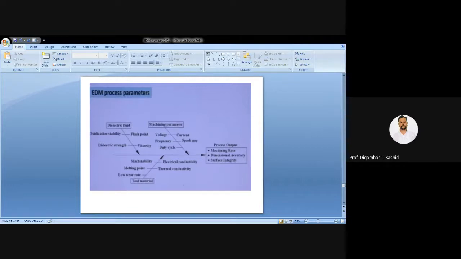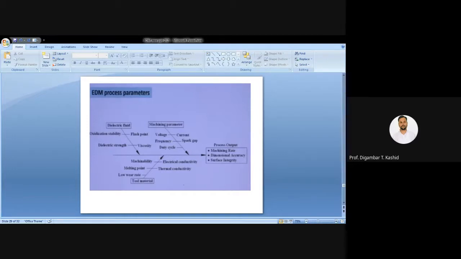Okay, that's it. This process can perform different kinds of operations, like drilling, slotting, multiple hole drilling, etc., which I have mentioned here. Again, the process gives a high degree of repeatability and high accuracy.